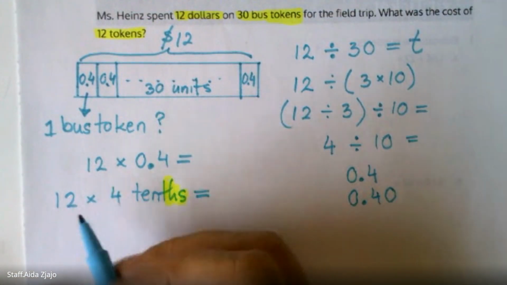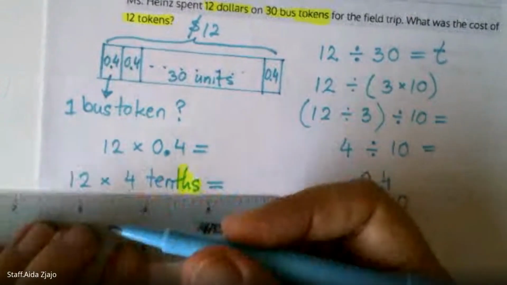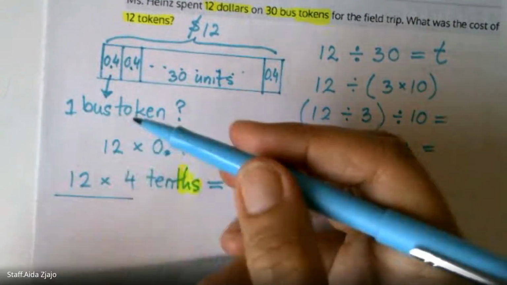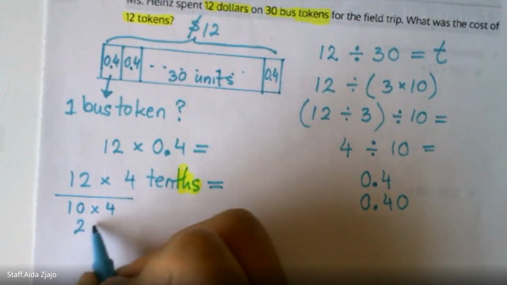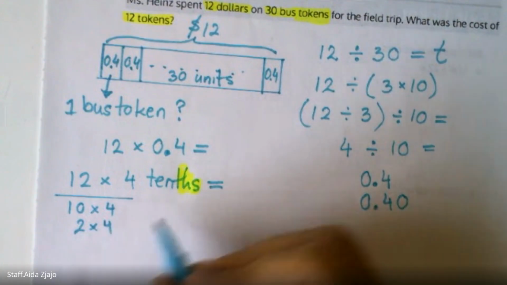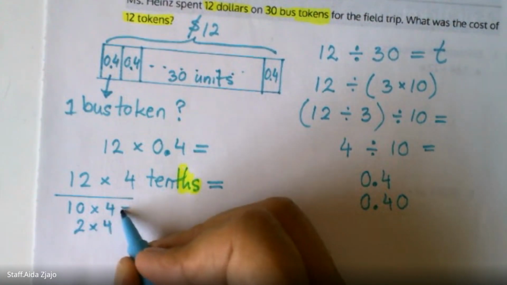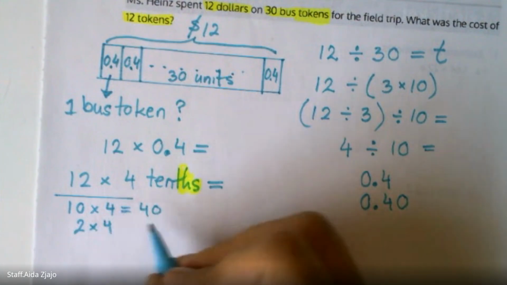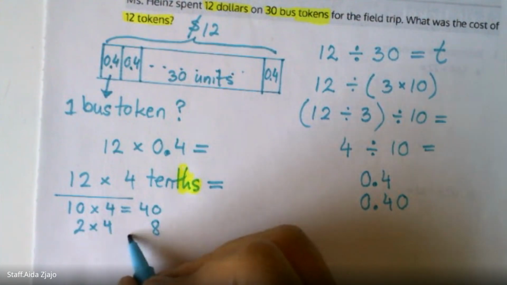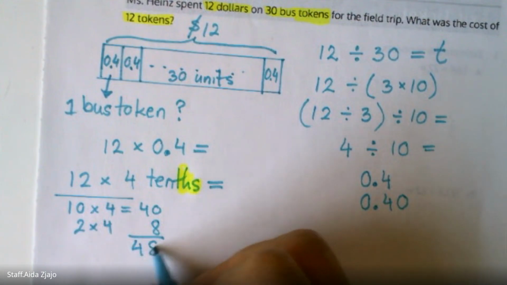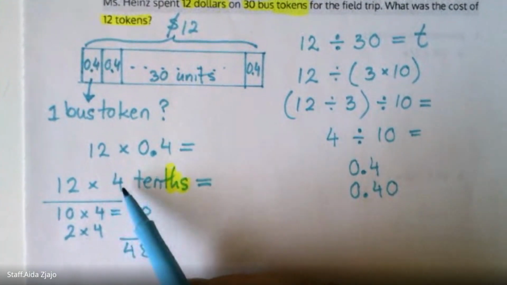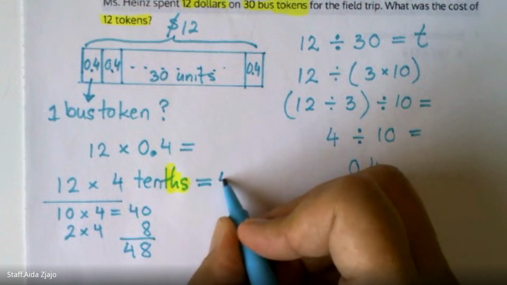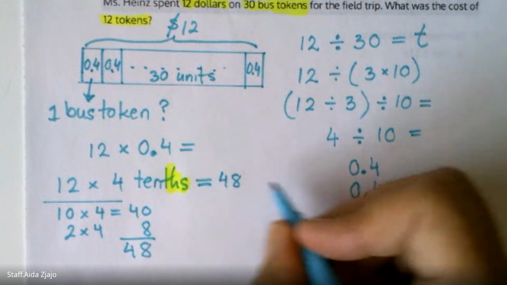I can do 10 times 4 and 2 times 4. 10 times 4 is 40, and 2 times 4 is 8. Together it is 48. But they are tenths. So 12 times 4 is 48 tenths.